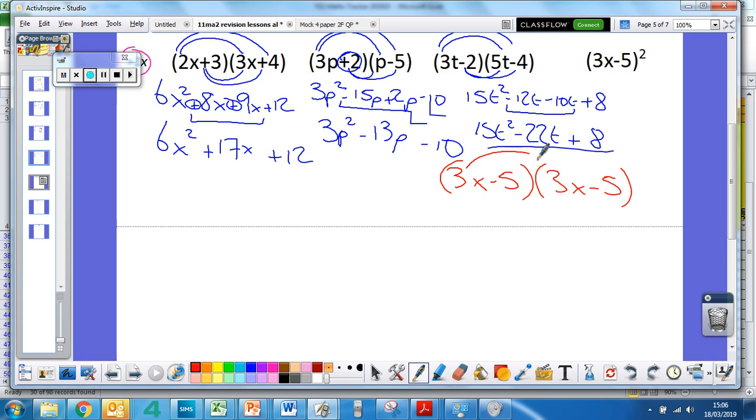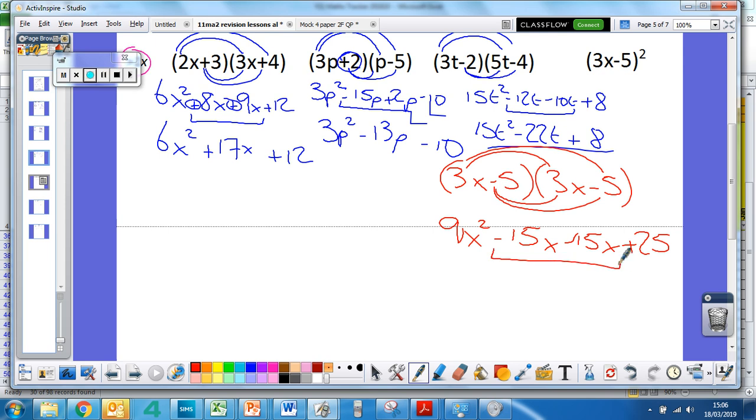3x times 3x is 9x squared. 3x times minus 5 is minus 15x. Minus 5 times 3x is minus 15x. Minus 5 times minus 5 is plus 25. As always, it's the middle bit we need to tidy up.